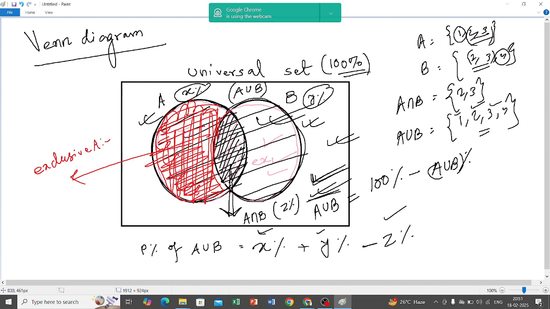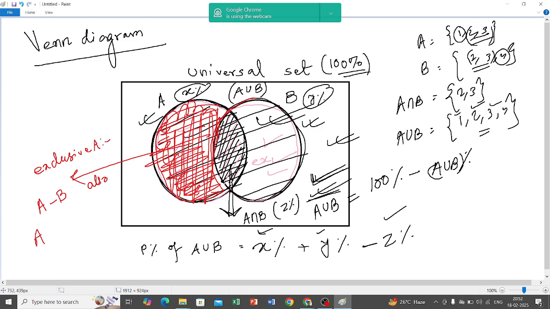In terms of sets, how would you represent this one? In terms of sets, it is A minus B. So A minus B, you see, from this entire A, I am cutting off B, right?